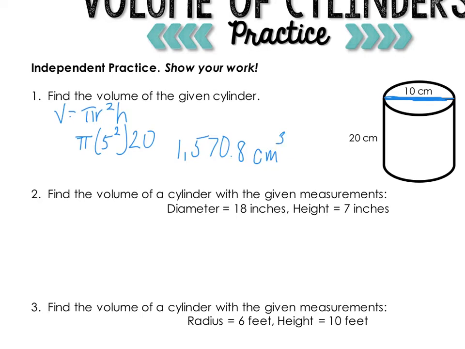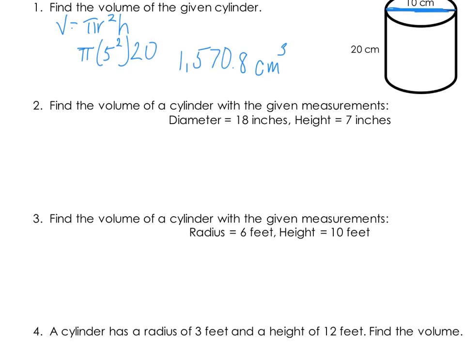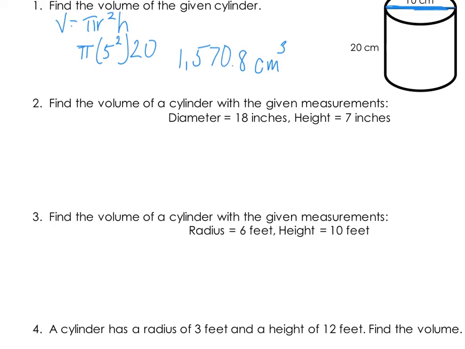All right, so number one, we had a picture. Number two, I don't have a picture. All right, but it's going to give me everything I need to know. Here's your height. I've got a diameter, so that means I can easily get my radius, divide that by 2, so there you go. All right, volume equals pi r squared h. Okay, so the volume's equal to pi. The radius, so this is 9 squared times h, which is 7.